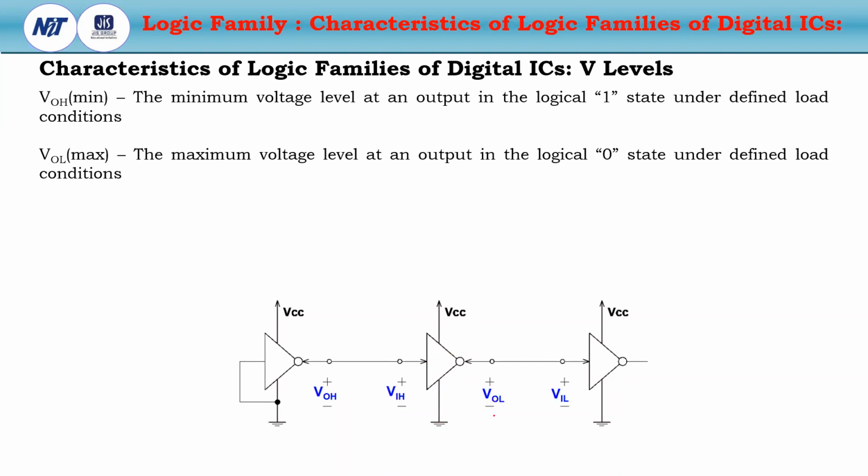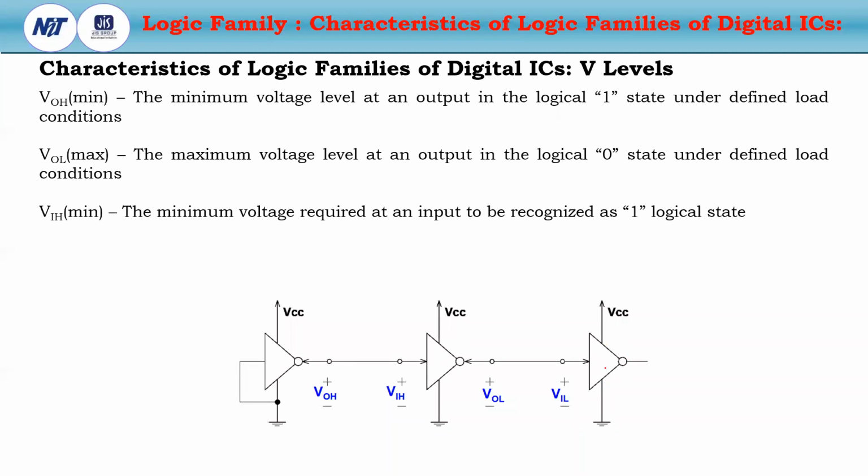This is the output low, VOL. Similarly, this VOL is connected to another inverter as a load, where IL is the input load current. This is the VIL, input low for this inverter.